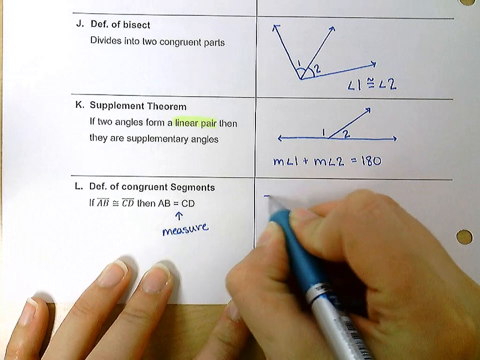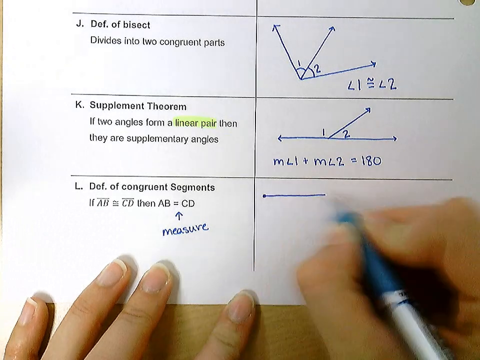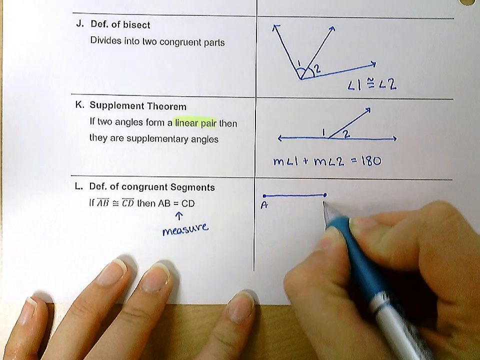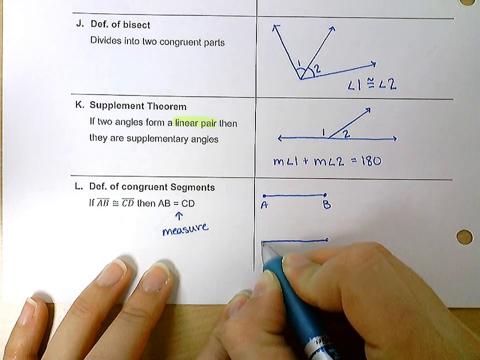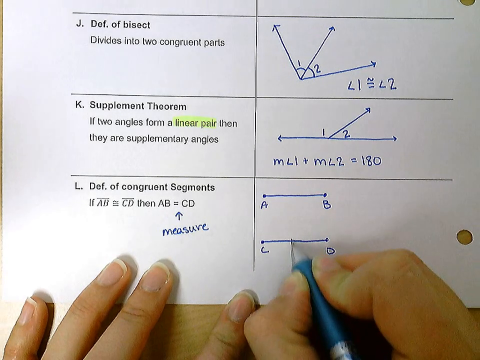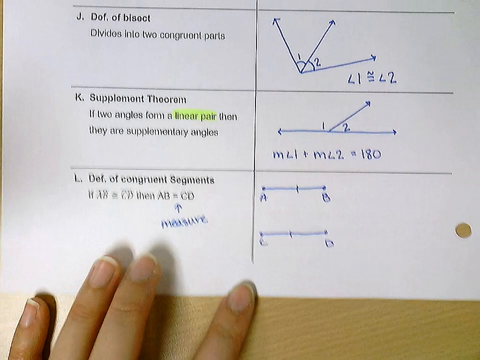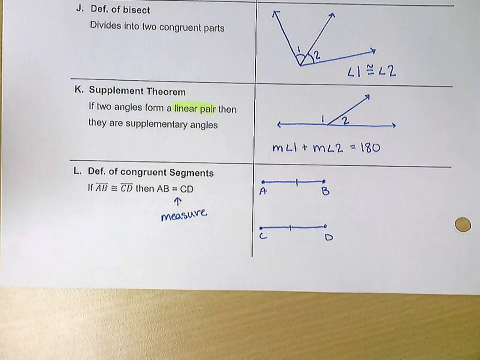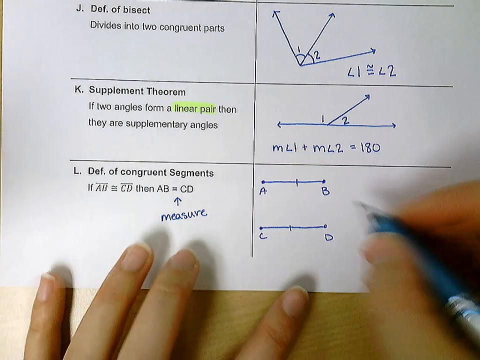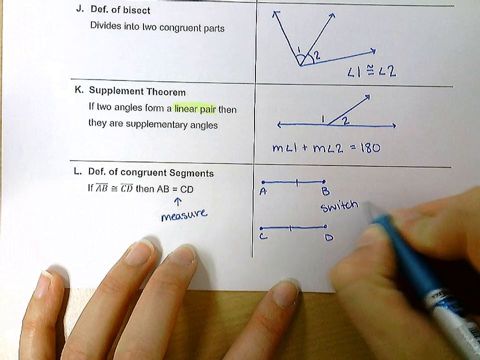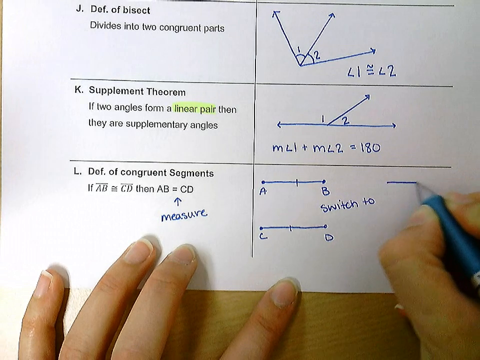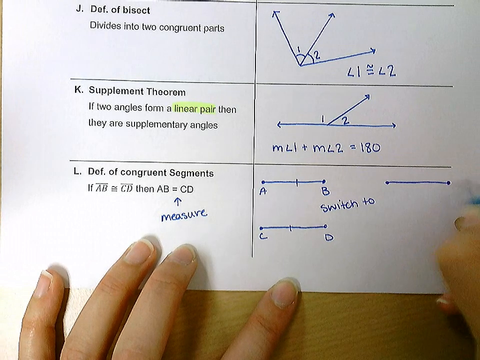So if I have this segment AB and this segment CD, and I know they are congruent because they have that dash through them, you can switch that congruency to equal measures.